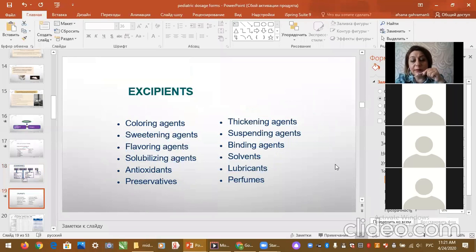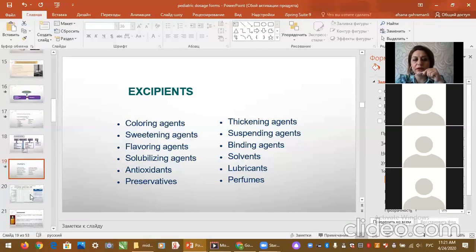Which excipients do we have in our pharmaceutical practice? Coloring agents, sweetening agents, flavoring agents, solubilizing agents, antioxidants, preservatives, thickening agents, suspending agents, binding agents, solvents, lubricants, and perfumes. These are types of excipients.